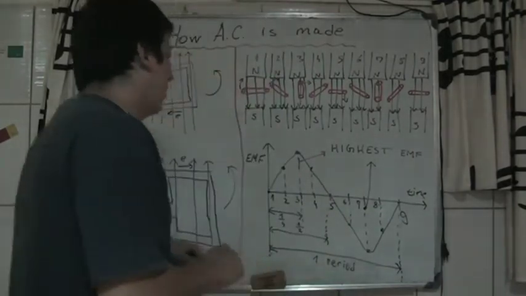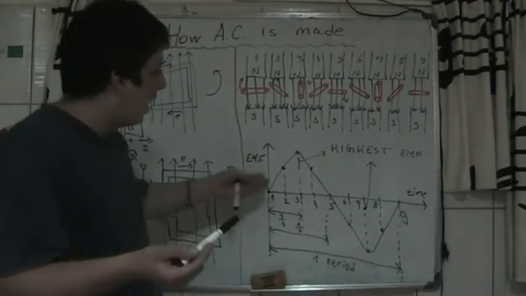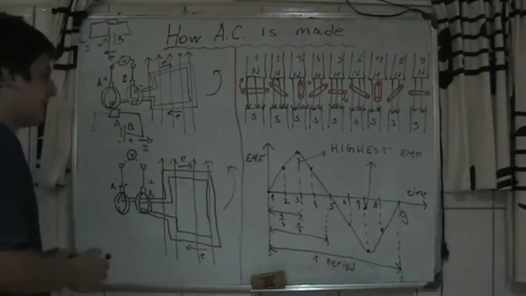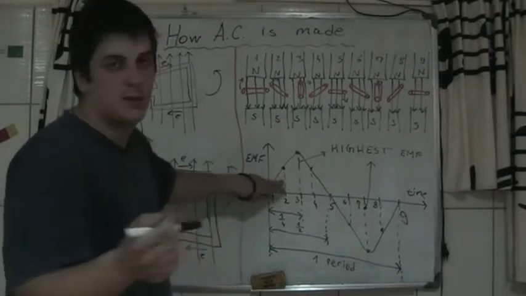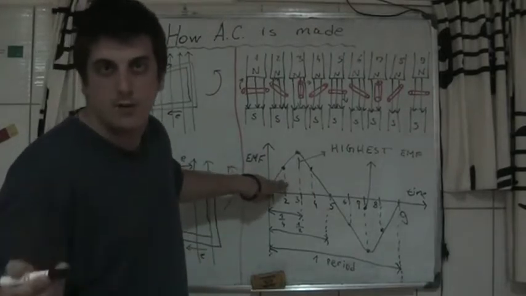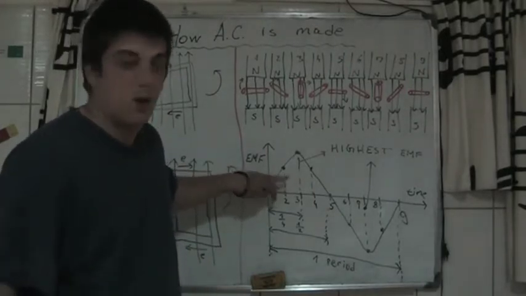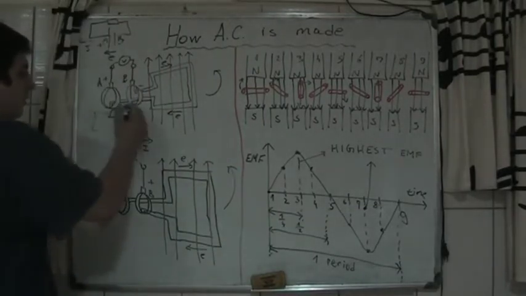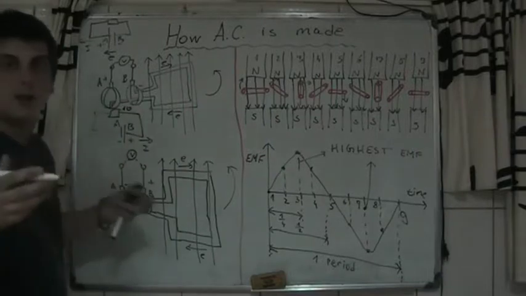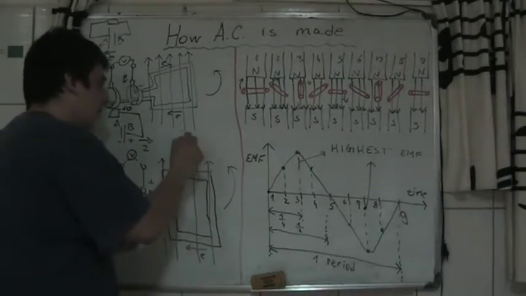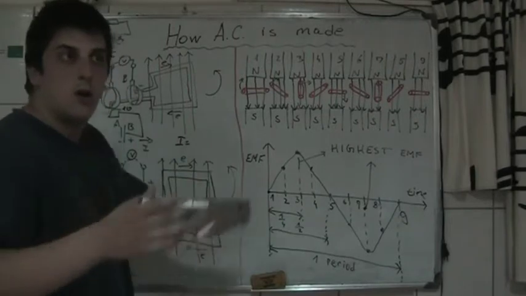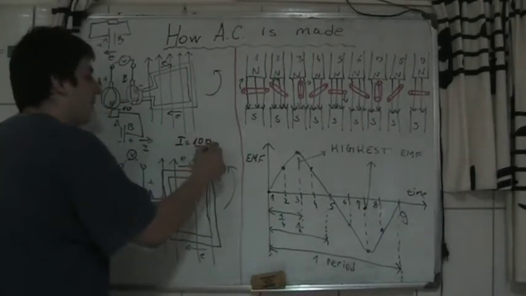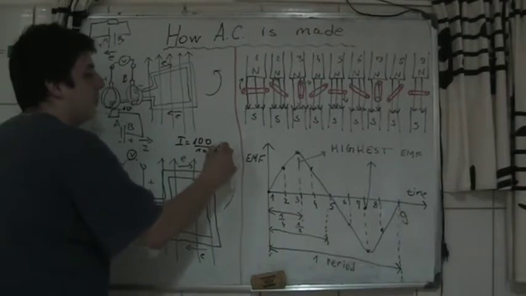Okay, but how does this affect current? Well, it's easy. For example, in period number 2, you have voltage, I don't know, 100 volts. When you put 100 volts here, and you have a resistor of 10 ohms, then you have the current by Ohm's law, voltage divided by the resistor, 100 divided by 10, so 10 amperes.